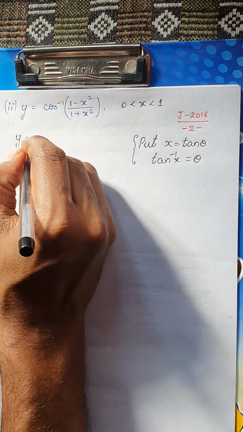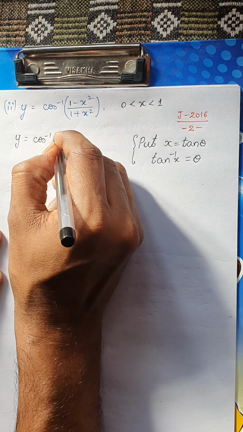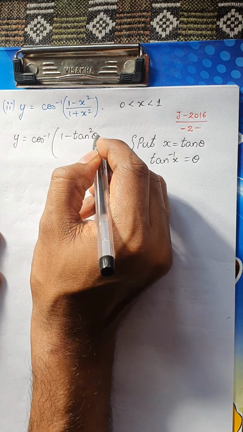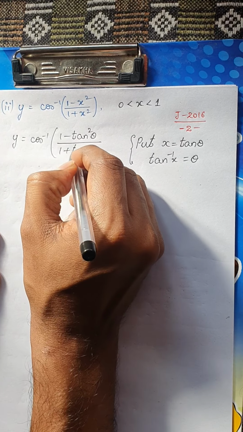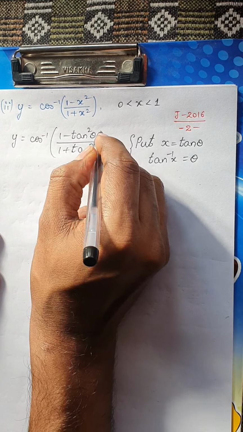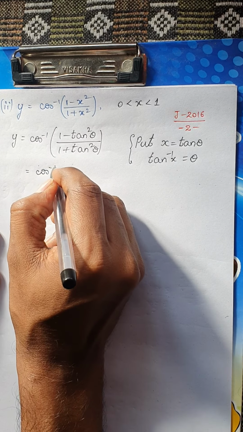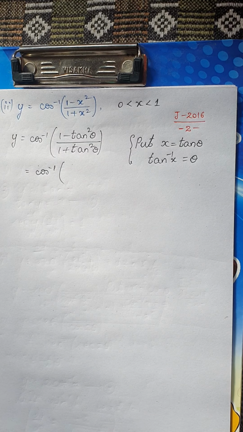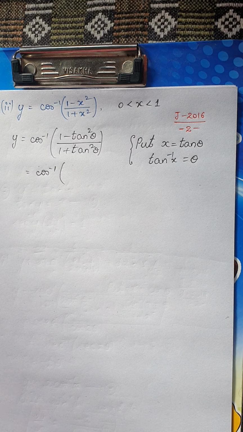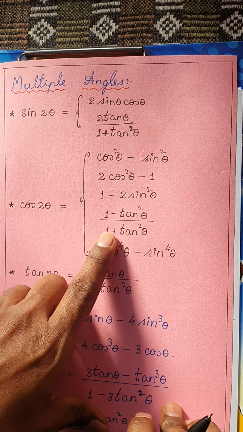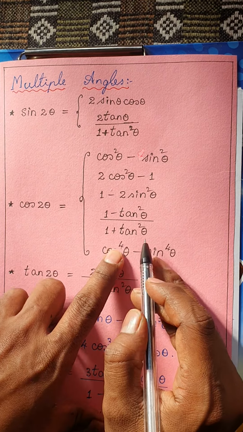Therefore I will get y is equal to cos inverse of 1 minus tan square theta divided by 1 plus tan square theta. Now do you have any guesses what 1 minus tan square by 1 plus tan square is? These are formulas we have used so many times.